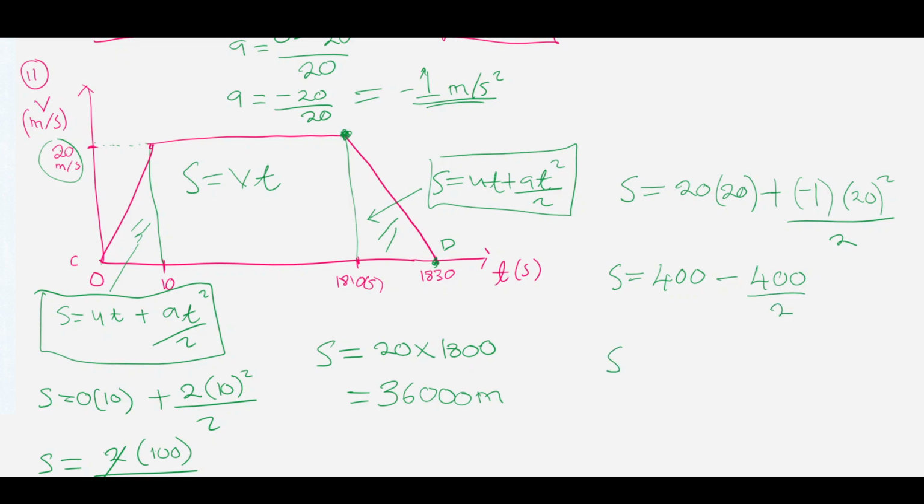So our s is equal to 400 minus 200, so that one will be 200. We can call the earlier one s2 and this one s3. S3 is equal to 200 meters.